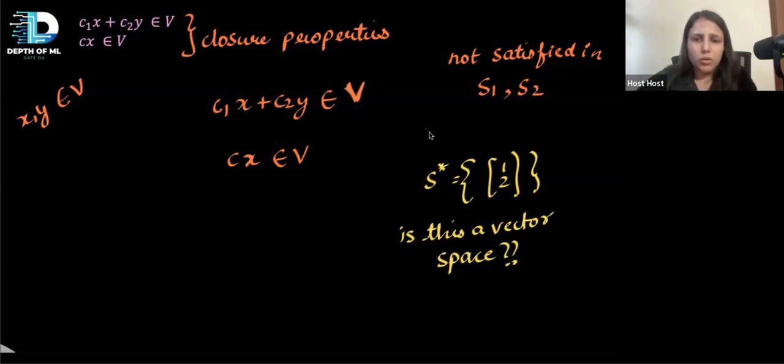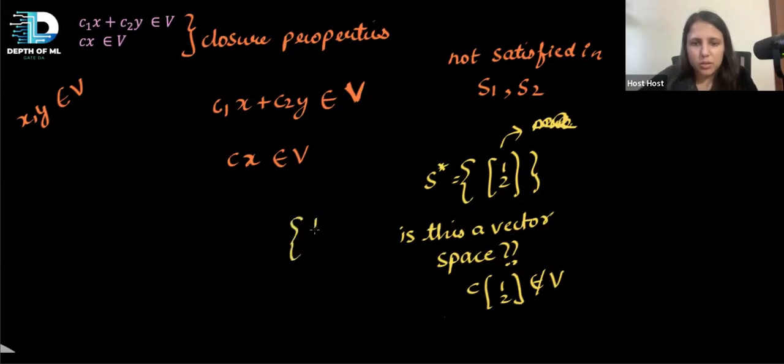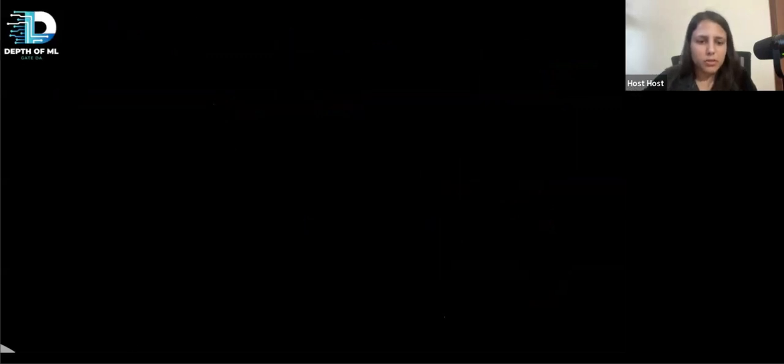So, first of all, the basic thing that is missing is multiplicatives are not there, right? So I don't have C of 1 does not belong to V, right? So this is not a vector space. But what if I add C of... Now I am defining another set.